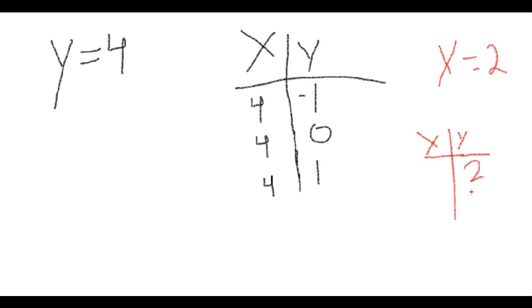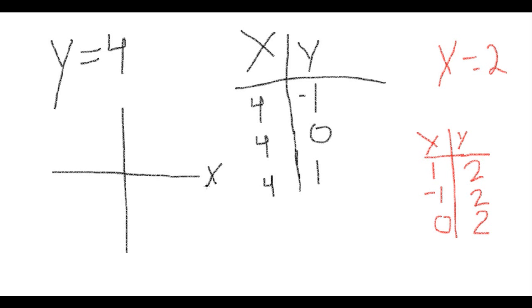So no matter what we have for y, x will always equal 2. So whether it be 1, negative 1, or 0, x will always equal 2. So on the same graph, we're going to draw both.